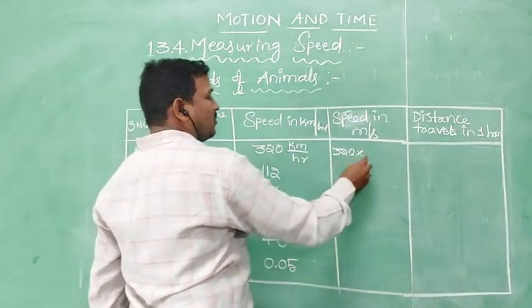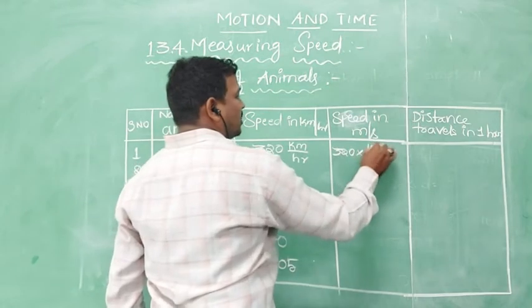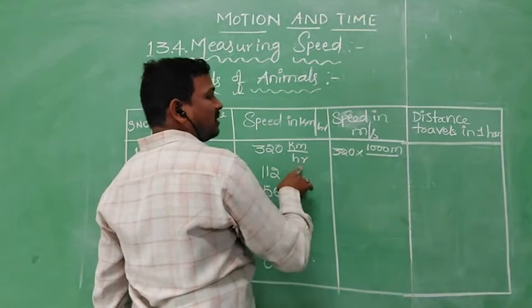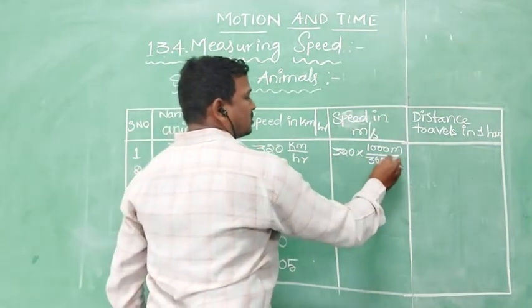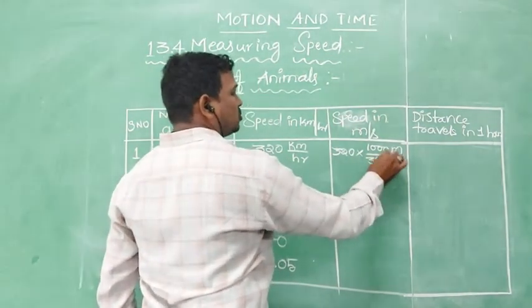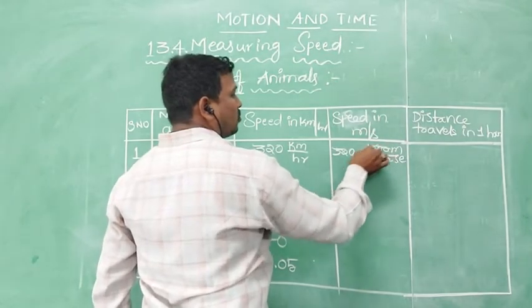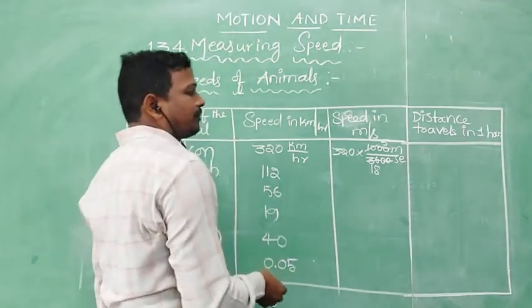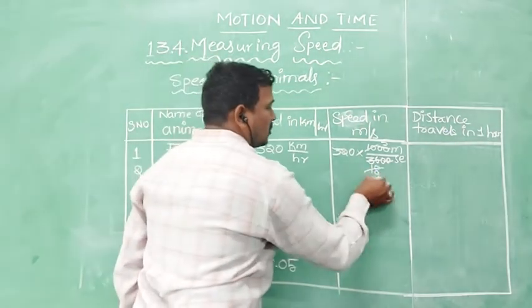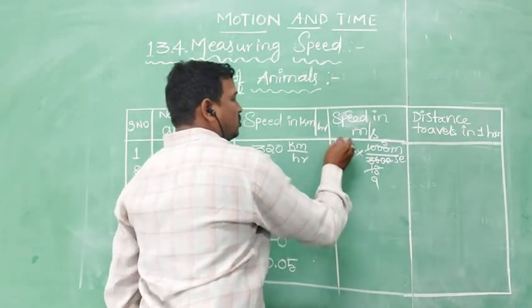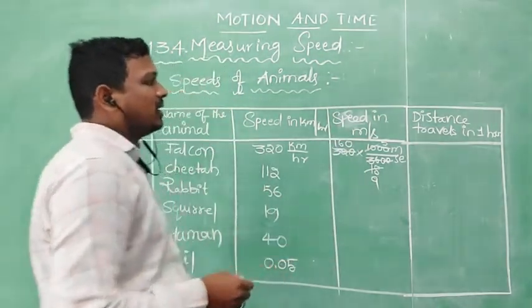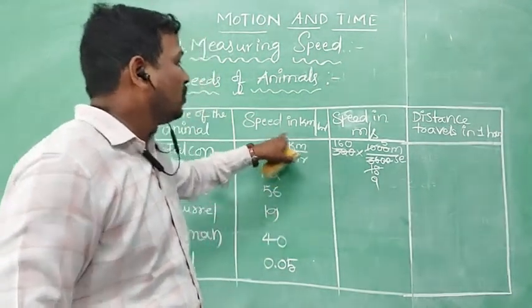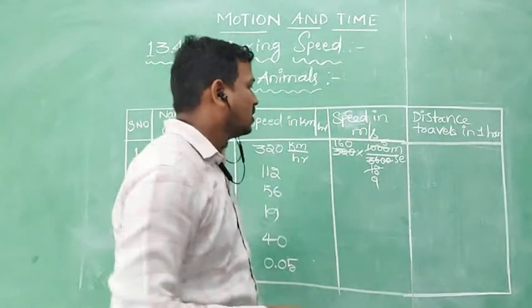Now we write 1 kilometer is equal to 1000 meters, because I want to convert it into meters per second, and 1 hour is equal to 3600 seconds. So 2 zeros, 2 zeros cancel. How will it come? 2 5s are 10, 2 9s are 18. Like this, we can calculate whatever the kilometer per hour speed is into meter per second.